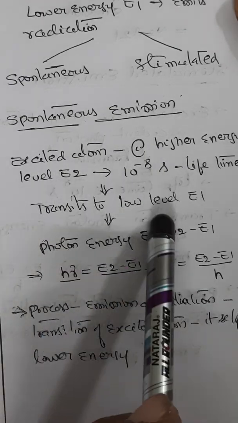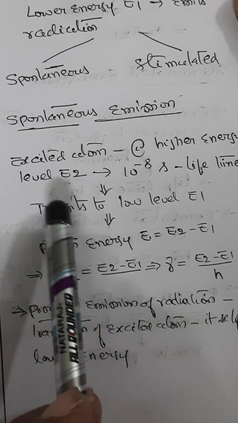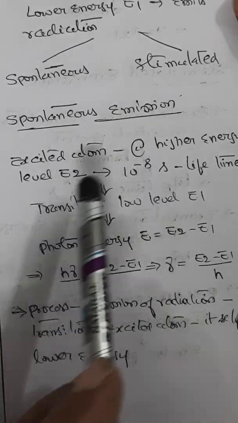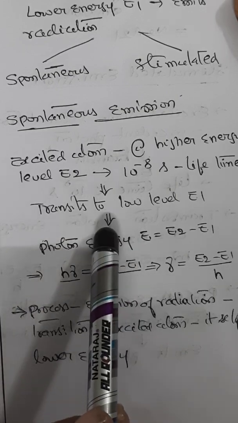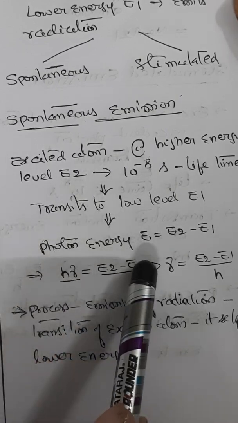So what is this process? This is a process where emission of radiation took place. How? By the transition of an excited atom by itself to a lower level energy.